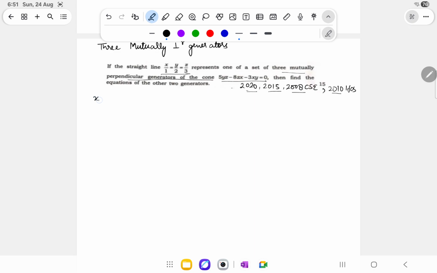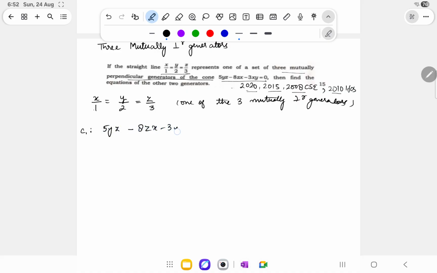So one of the lines is x by 1 equals y by 2 equals z by 3, and one of the 3 mutually perpendicular generators, and equation of cone is 5yz minus 8zx minus 3xy is equal to 0.